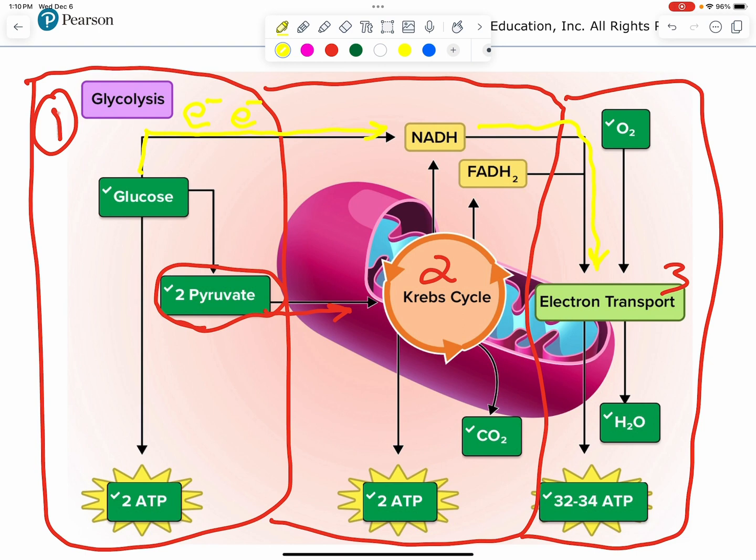There's also going to be electrons that leave here and then head over to there. And more electrons that are right here and flowing up and over. So the yellow lines connect to that third domino, the electron transport chain. Now we're going to go over slides for each one of these steps. So know kind of what goes into each step and what comes out of each step.